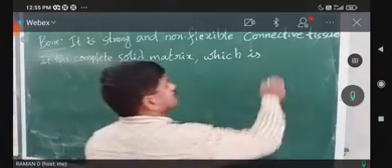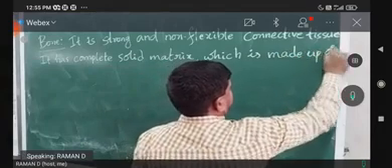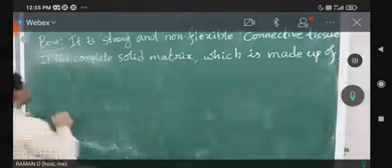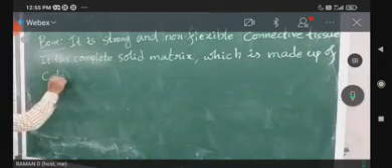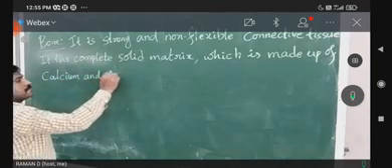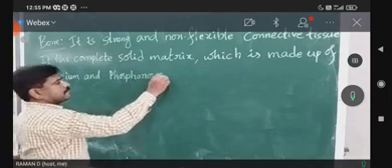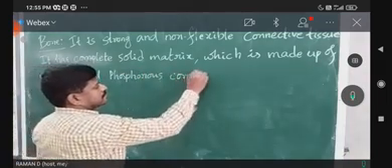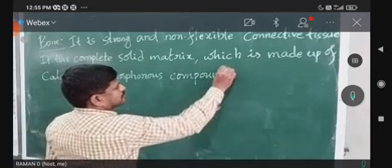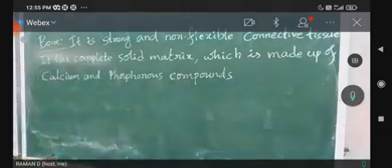Calcium and phosphorus compounds. Bone is strong and non-flexible connective tissue.